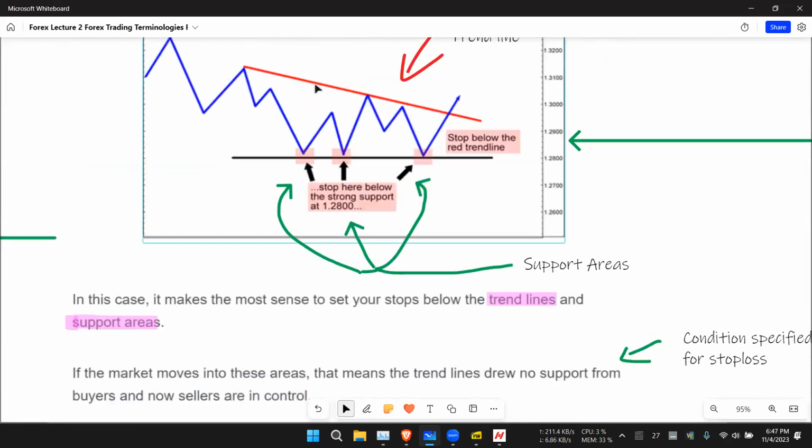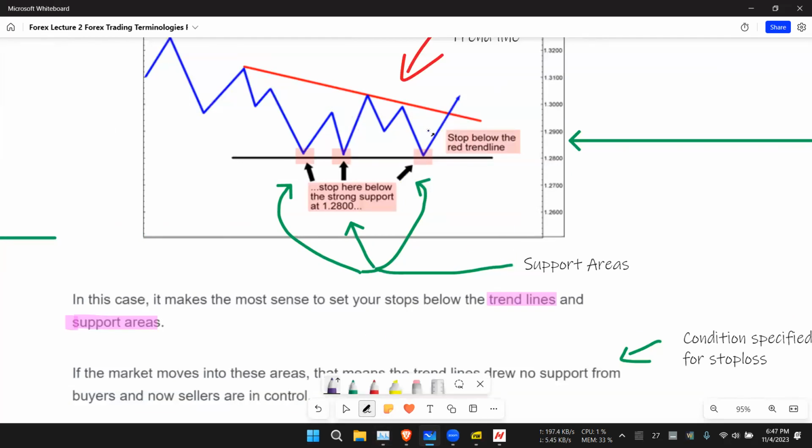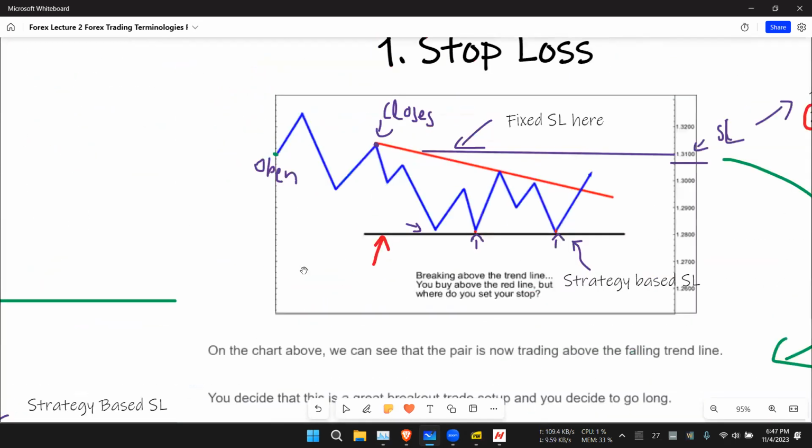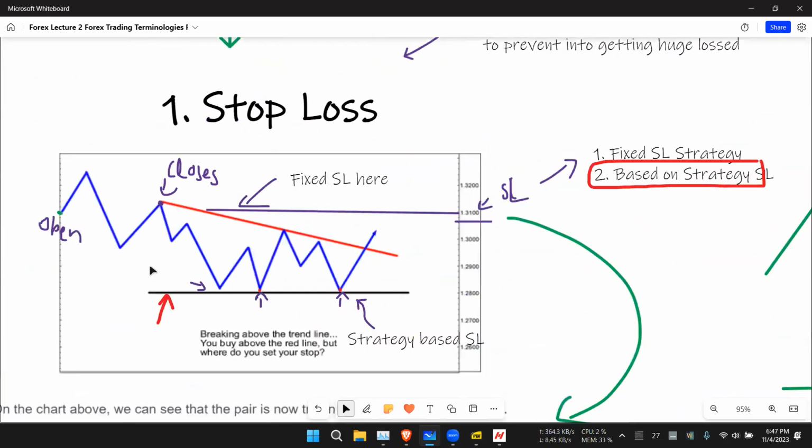It's now talking majorly about the strategy based stop loss. It's actually providing a reason why we are defining a baseline at the bottom, not at the top like we did with this fixed stop loss here.